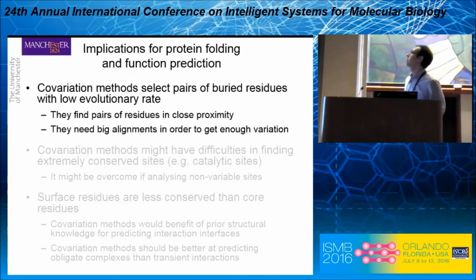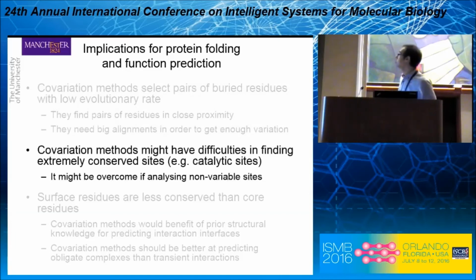This low evolutionary rate also explains why these methods need big alignments. And the issue of getting enough variation is also relevant if we are interested in studying particular sites that may be very conserved, for example, catalytic sites.